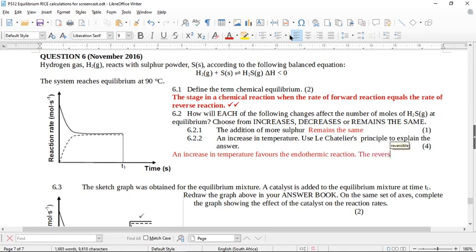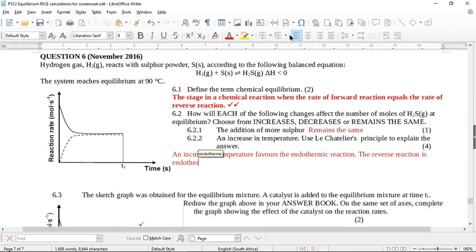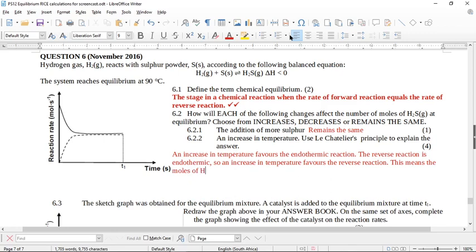The reverse reaction is endothermic. So an increase in temperature favors the reverse reaction. This means the moles of hydrogen sulfide will decrease. Okay, so we're going to write decrease at the beginning here.